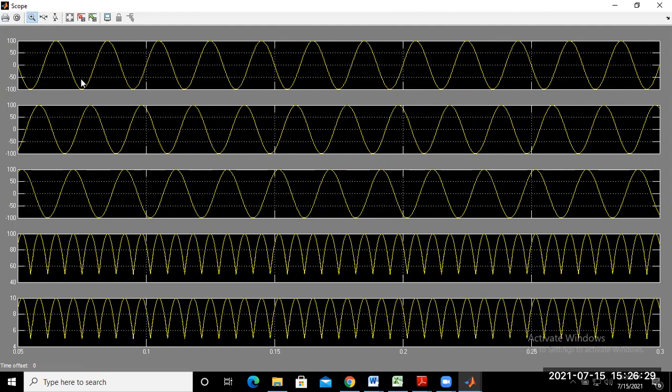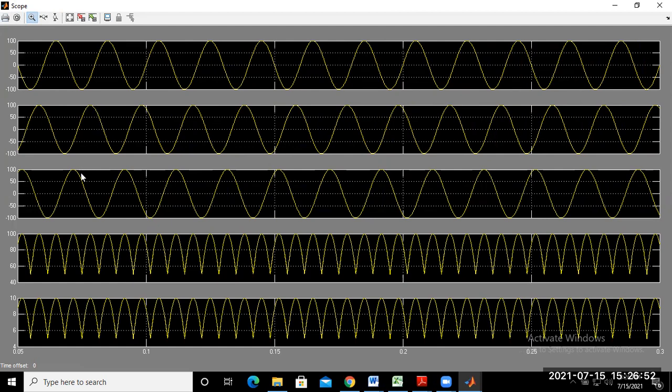This is the AC supply voltage of unit 1, unit 2, unit 3. All are 120-degree phase displaced. That means this one becomes 0 here, and phase B again becomes 0 after 180 degrees.